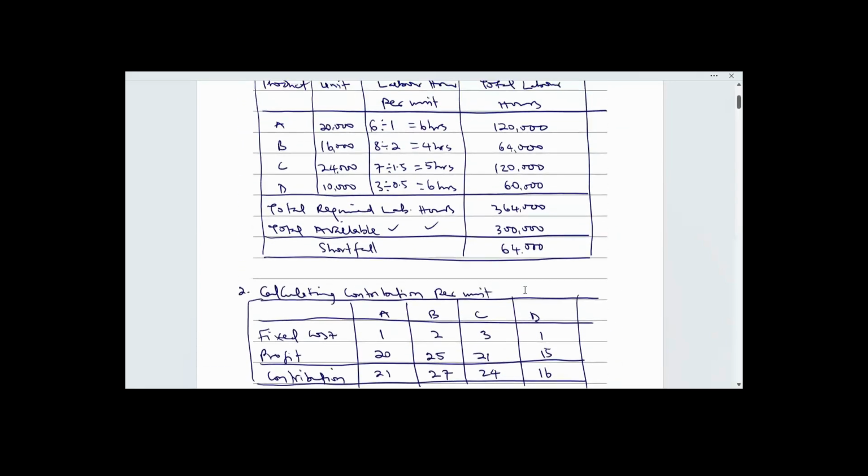So, contribution of A is 21, 27 for B, 24 for C, then 16 for D. Labor hour per unit that we've computed above in step 1: 6, 4, 5, 6. To get the contribution per labor hour, just divide contribution by the labor hour.